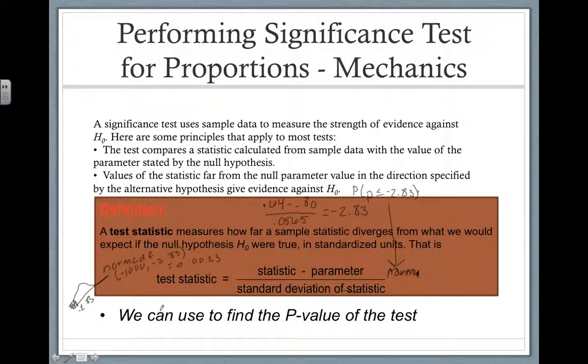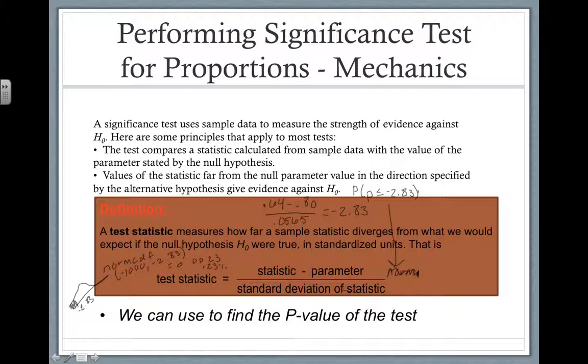Because this is a very small number, it is less than 1%. It's 0.23%. This would tell us that if the null hypothesis were true, if he actually made 80% of his free throws, us getting 32 out of 50 would only happen 0.23% of the time.